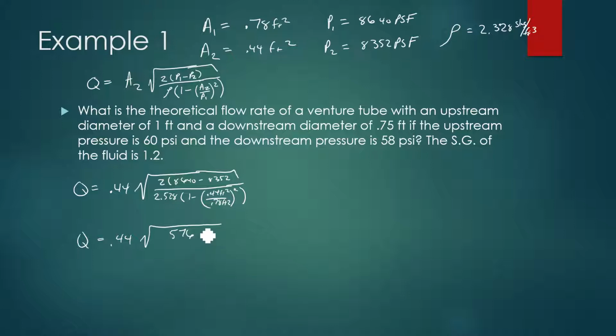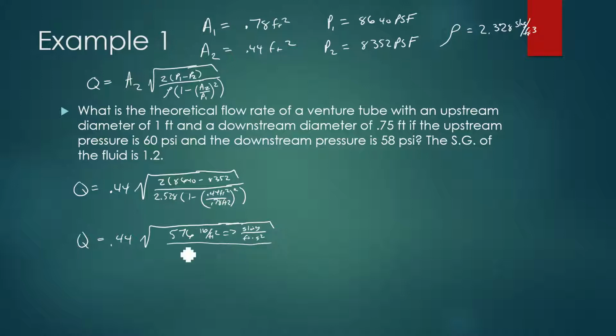576. This is psf, so pounds per square foot. I'm going to go ahead and write this out, because it's going to be helpful in a second: pounds per square foot is just a slug foot per second squared.